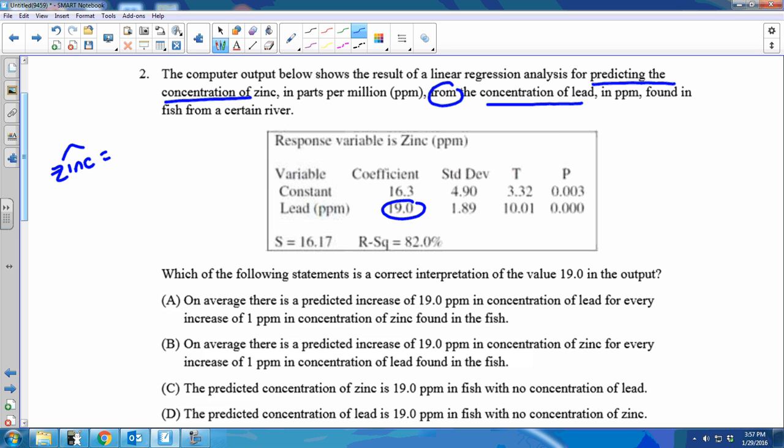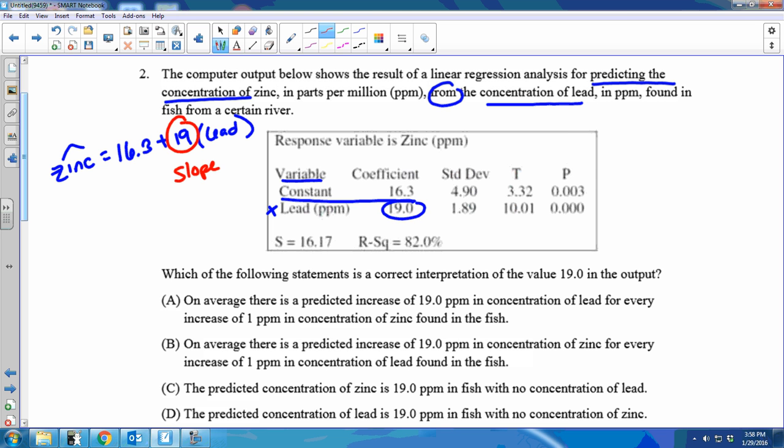I'm going to go ahead and write the equation so that I know what I'm talking about. Again, the constant is your y-intercept, so zinc hat equals 16.3, and then lead is my x variable, so plus 19 times lead. That means I'm talking about a slope. This 19 is the slope.